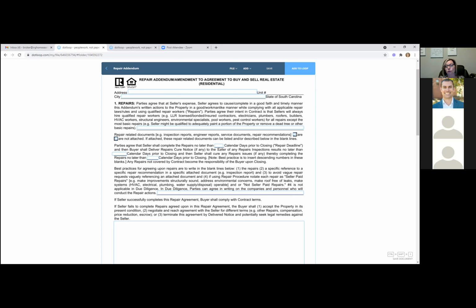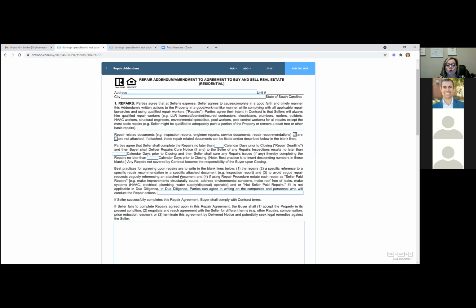But typically if it's a 30-day closing, I would say no later than 10 calendar days prior to closing, 7 calendar days to re-inspect, and 3 calendar days to get it corrected so you can come back in again. Best practice is to insert descending numbers in these blanks. Any repairs not covered by contract become the responsibility of the buyer upon closing.